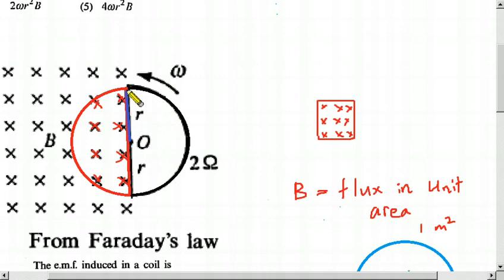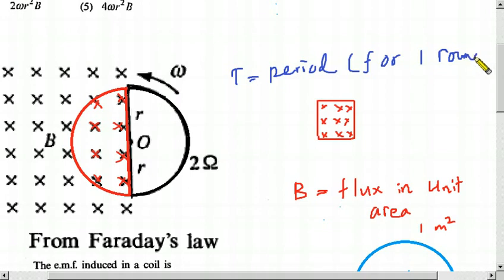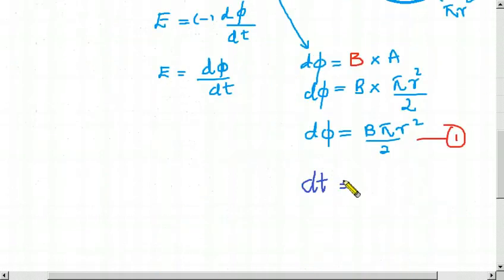If it moved a full circle like this, what is the time taken? That is called capital T, the period, that is for one round, but here it is half a round, so we take T divided by 2, the time is period divided by 2.